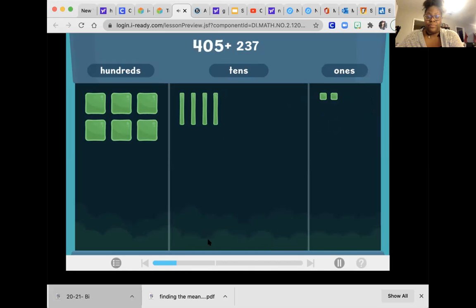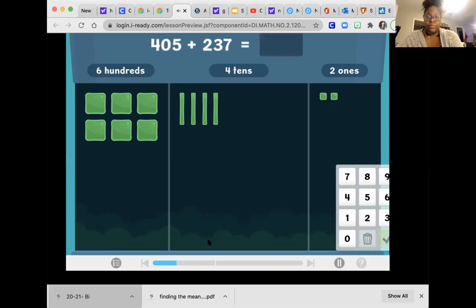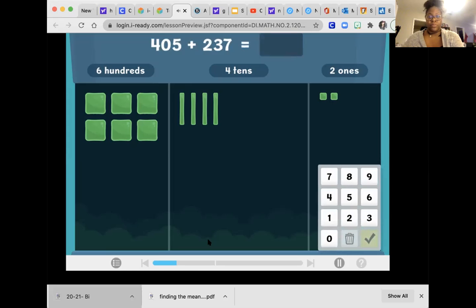You started with 405 and added 237. Here are the number of hundreds, tens, and ones you have now. What is 405 plus 237? Enter the sum. So now that we've moved the blocks, we have 6 hundreds, 4 tens, and 2 ones.